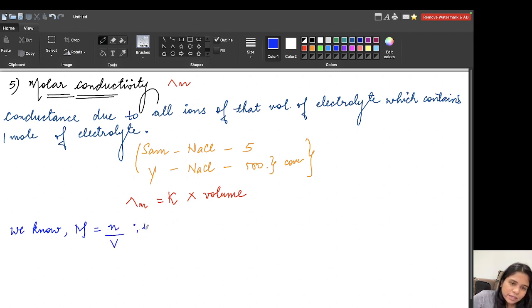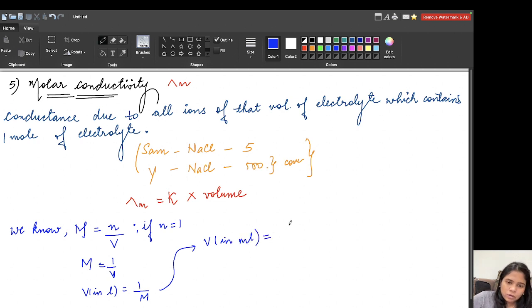Now if n equals 1, what is molarity in liters? 1 upon V, right? So V in liters will be equal to 1 upon m, correct? Now same way, if I want volume in milliliters or centimeter cube, what will I do? Volume in liters needs to be multiplied by 1000, right? That's what I am doing here. Volume in liter is 1 upon m into 1000.